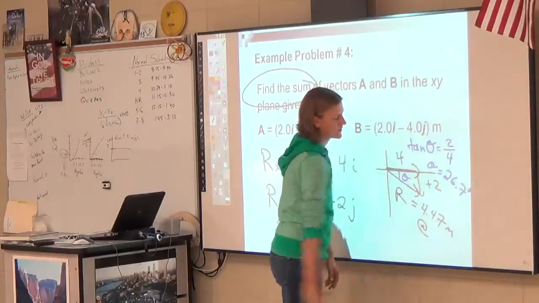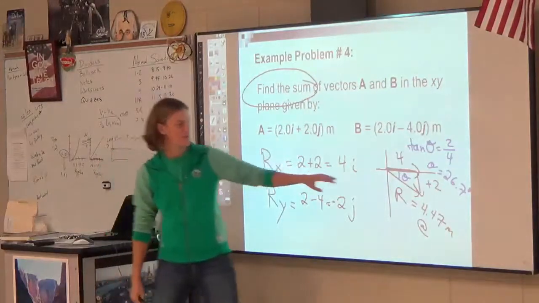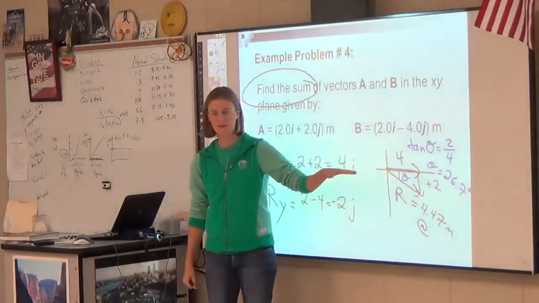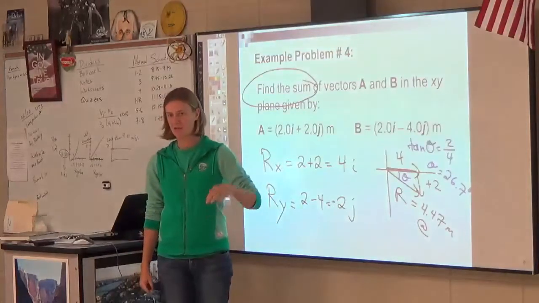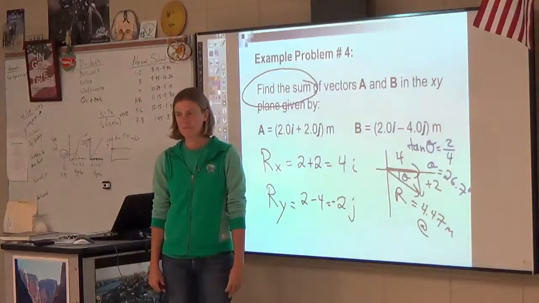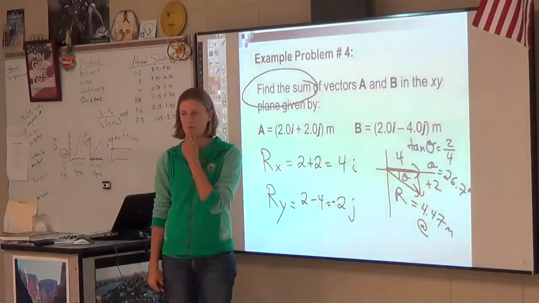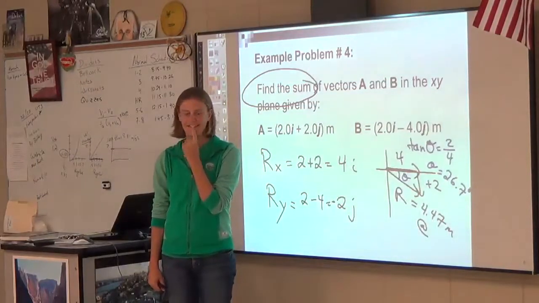So the angle in the triangle I drew is 26.7 degrees, but the answer angle would be what? How will we get it? All the way around. Yeah.